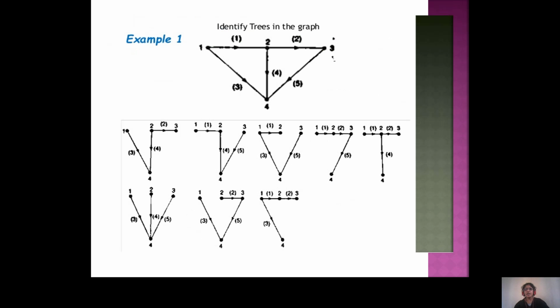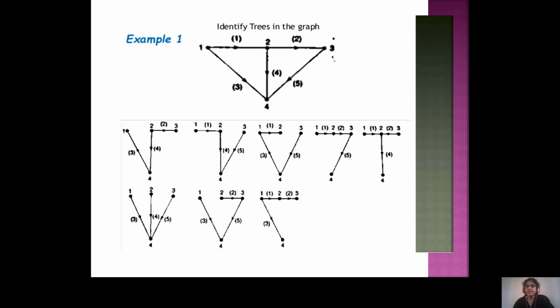Next, identify trees in the graph. So this is one graph, and we have to identify how many trees there can be. So first one 1, 2, 4, 3. Another 1, 2, 4 and 3, and another 1, 4, 2, 3. Next one 2, 1, 4, 3.